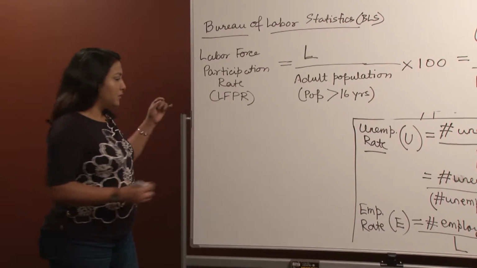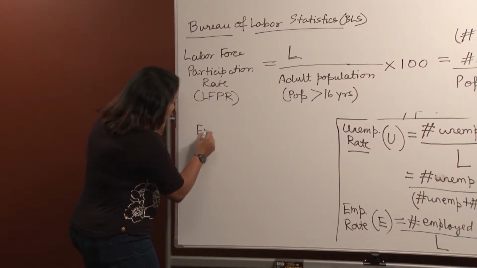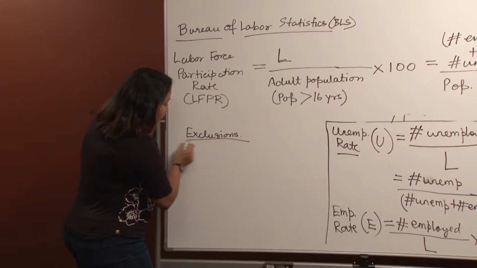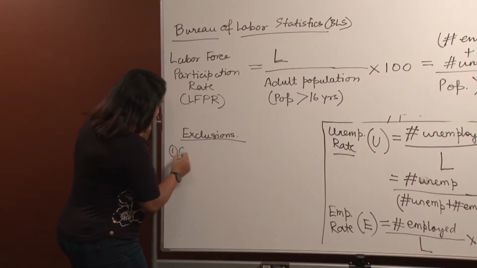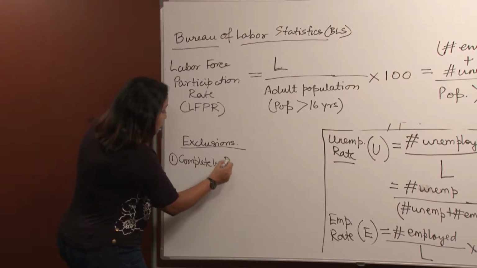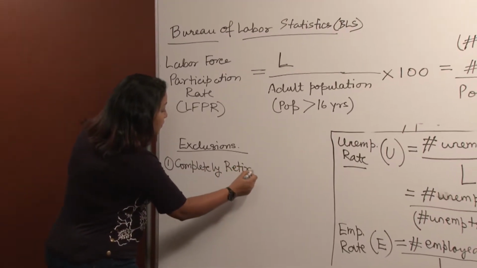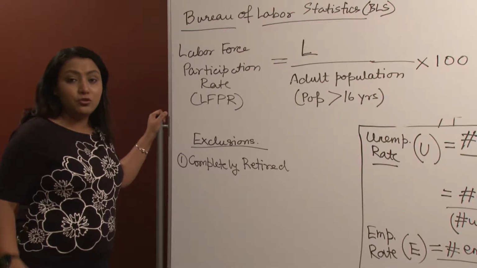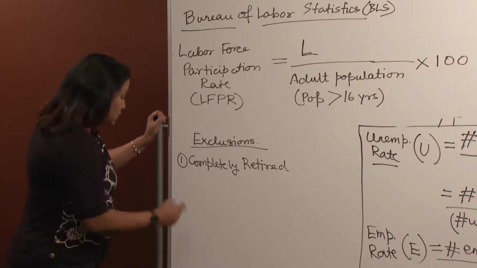There are some exclusions. The exclusions are completely retired individuals. You might be above 16 years of age, but if you are completely retired, then you do not count because you are not contributing to the production process.